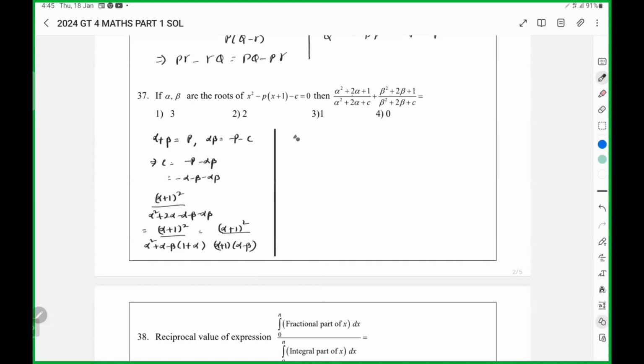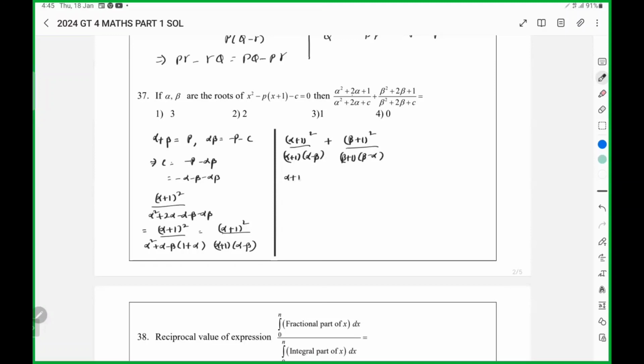Similarly, for the other one, wherever alpha is there, beta replacement, we get alpha plus 1 whole square by alpha minus beta plus beta plus 1 whole square by beta plus 1 into beta minus alpha.